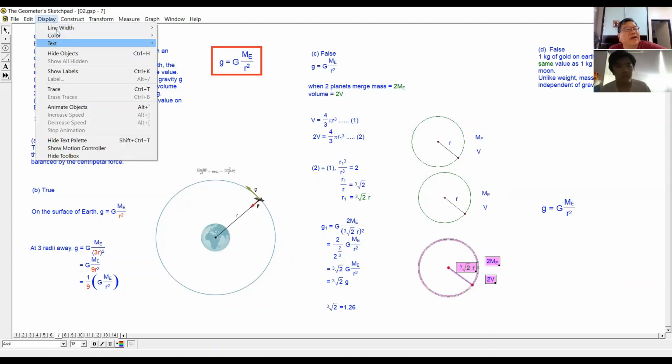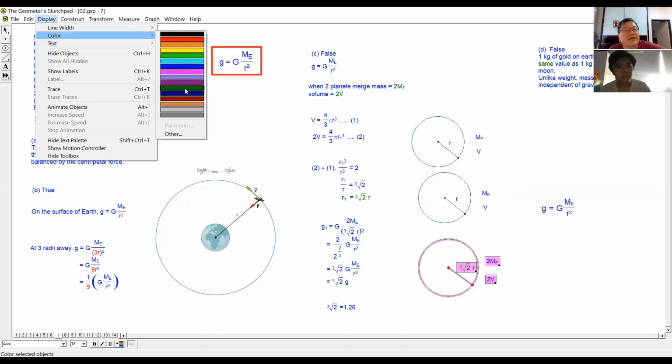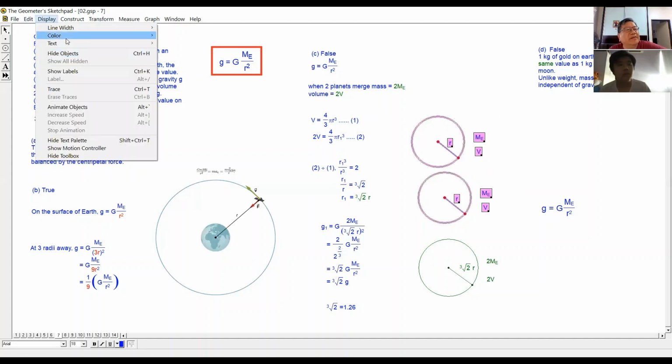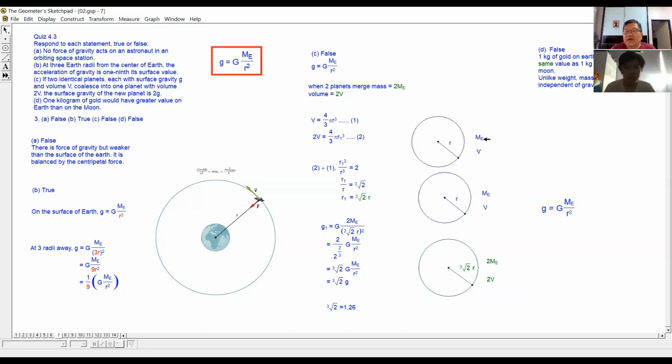Let me use a different color. Let's say this one I use blue color. So we have two identical planets.